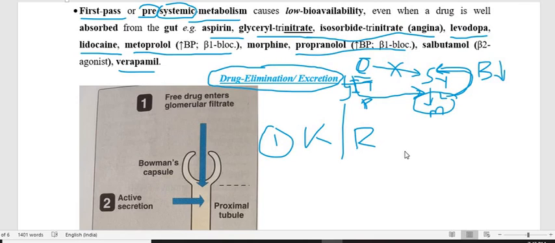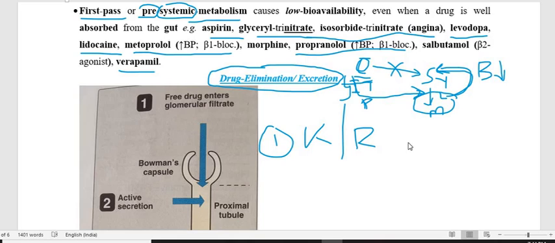So what is drug elimination or excretion? It is simply a process of transport of the drug, and the process is irreversible, to transport a drug from the internal environment, that is the body, to the outside environment.